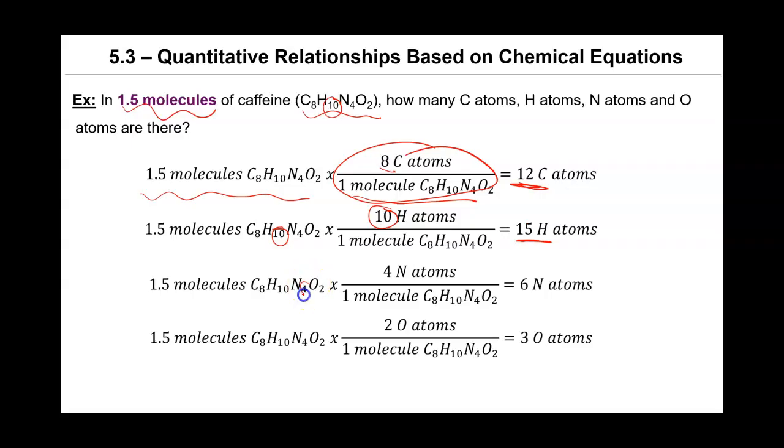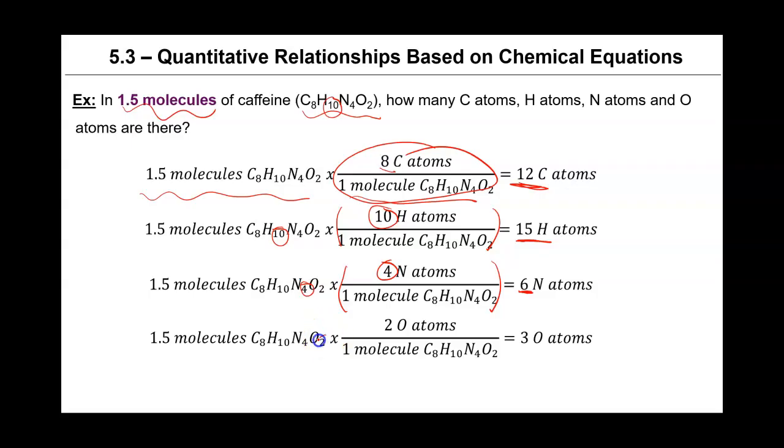Doing the same for nitrogen, 1.5 molecules of caffeine, and I get 4 nitrogen atoms for every 1 molecule. Therefore, I have 6 nitrogen atoms. So just multiplying my number of molecules by the appropriate conversion factor.